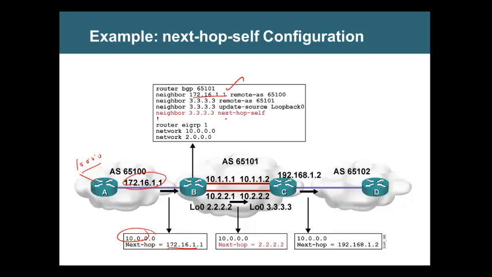Okay, and because you have said 3.3.3.3 neighbor, which is router C, you are configuring this on router B saying whenever I send any update to router C, I need to put my own self address. What is the self address? 2.2.2.2. So the next hop is changed.